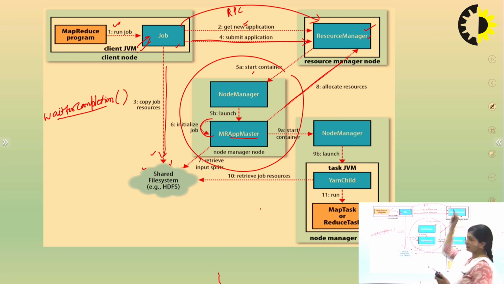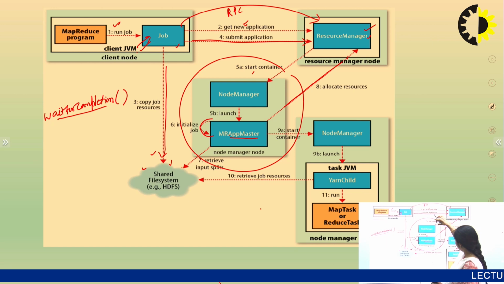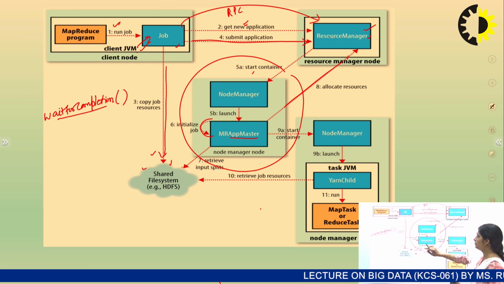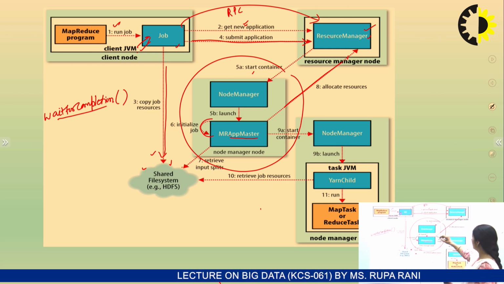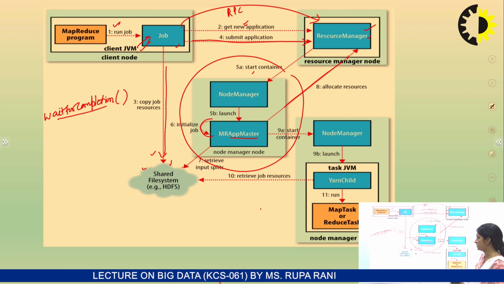Again I am summarizing the same thing. First of all, resource manager starts the container. In this phase, node manager launches the MapReduce app master to initialize the job and retrieve the input split from the HDFS, and again sends it back to the resource manager.